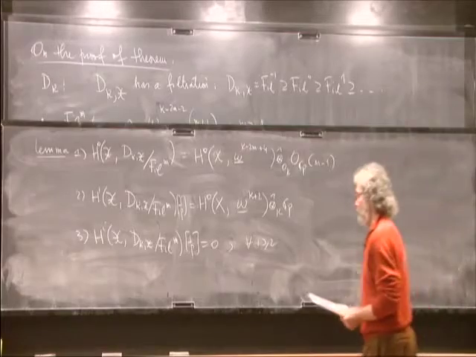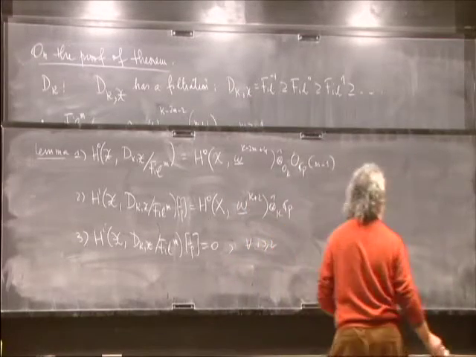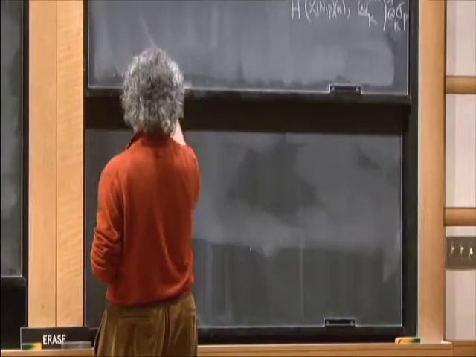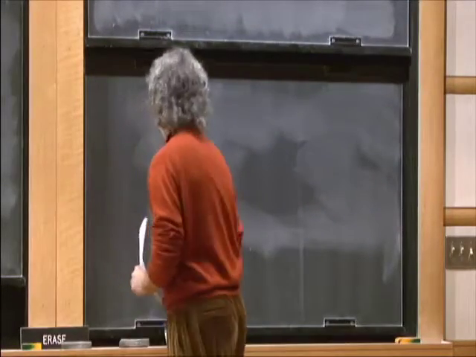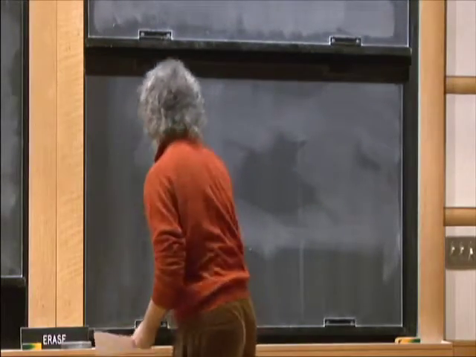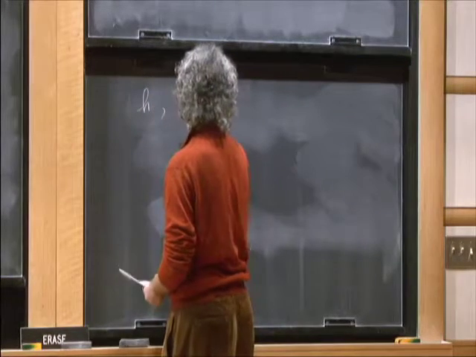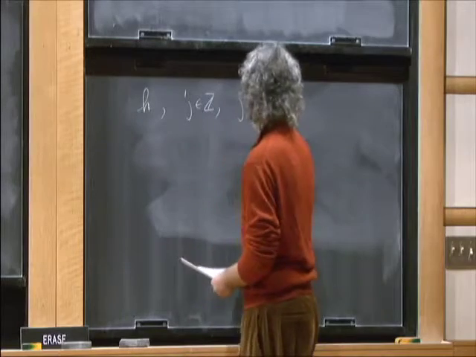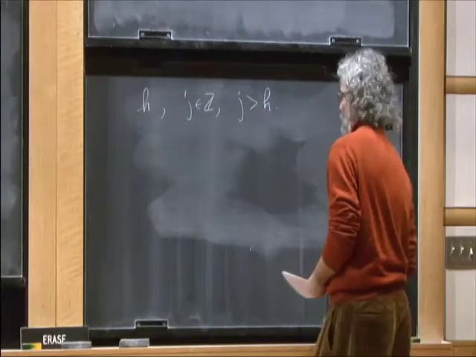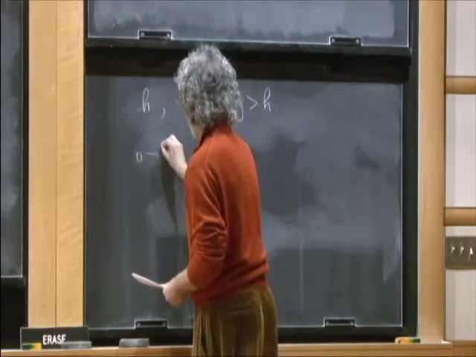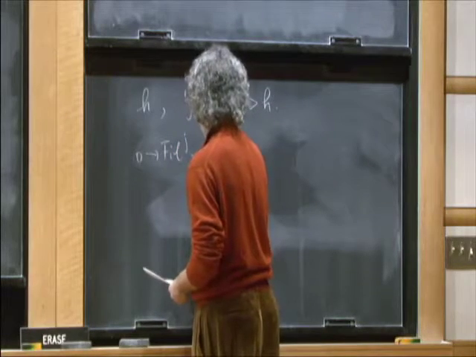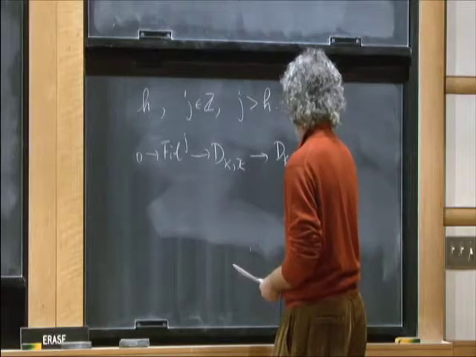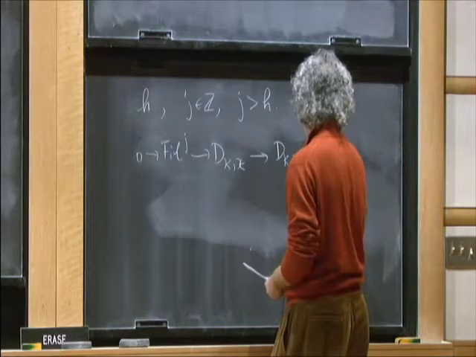And now to prove the theorem, what one has to do is fix an h and choose an integer j larger than h. And then we have an exact sequence of sheaves on Faltings' site.